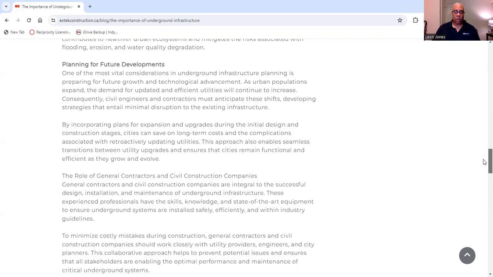So, overall, one of the most vital considerations in underground infrastructure planning is preparing for future growth and technological advancement. So, as urban populations expand, the demand for updated and efficient utilities will continue to increase.